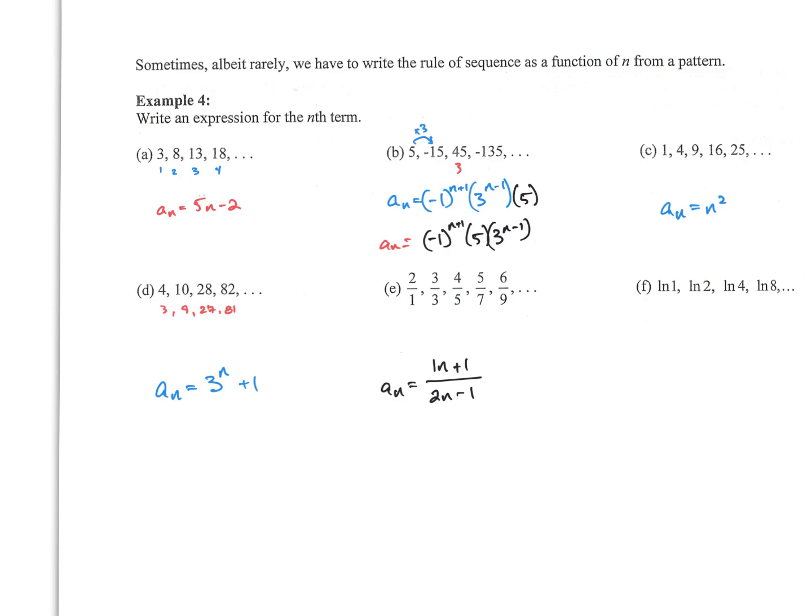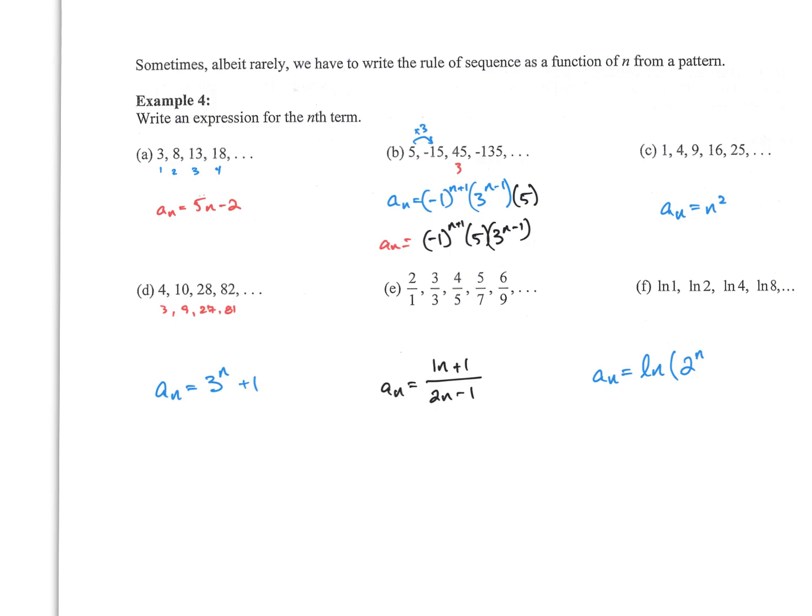All right, let's look at part F. Natural log of 1, natural log of 2, natural log of 4, natural log of 8. All of them are going to have natural log in it. So just put natural log, and then let's deal with the numbers. You following me? So now I'm going to deal with 1, 2, 4, 8. Well, what's happening? I multiply by 2. So now I have 2 to the power of n.